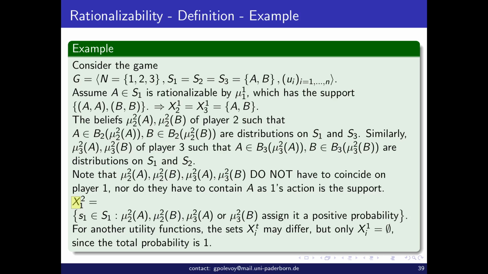So the only X1 which is empty is X1 of I, and of course the other X1 of 2 and X1 of 3 don't have to be A and B, but they will not be empty. And to justify them, we will need already X2 of 1, 2, and 3, all of which will be non-empty, and so on. So the only set which is empty, because we have at least 3 players, is X1 of I.